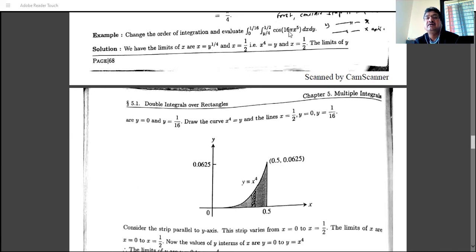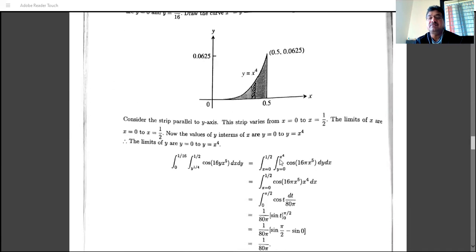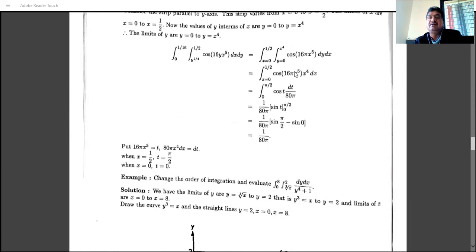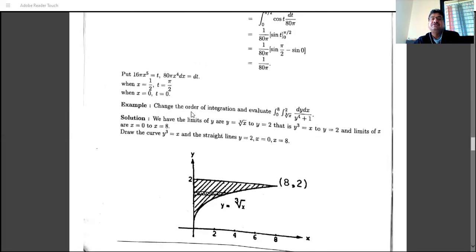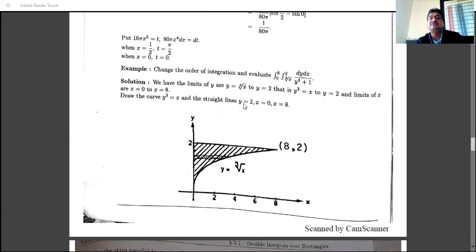If we change the order of integration, then we have a simple integration, and we solve it by a simple method. The next problem is again the same type: change the order of integration and evaluate. So first draw the figure.